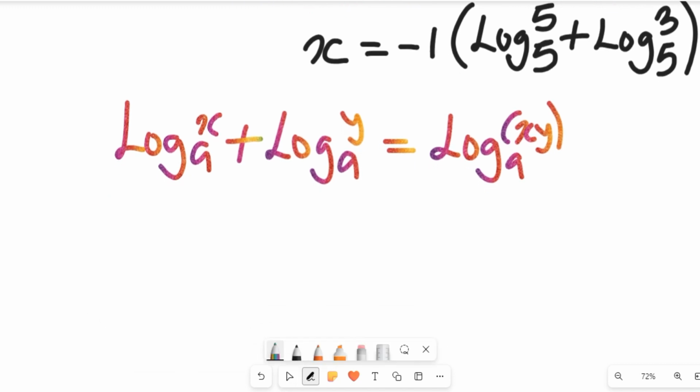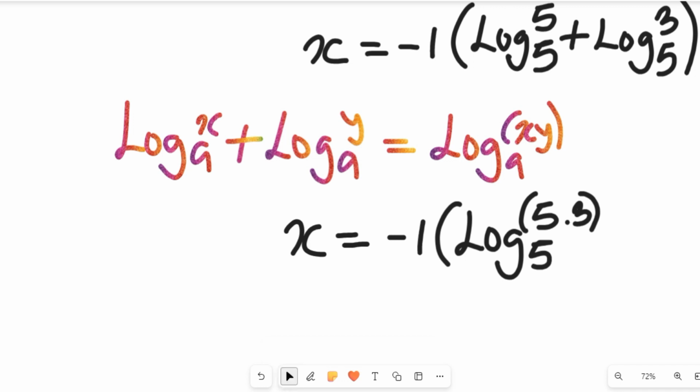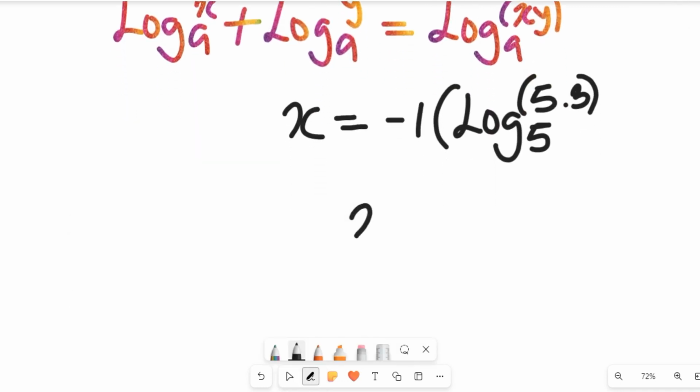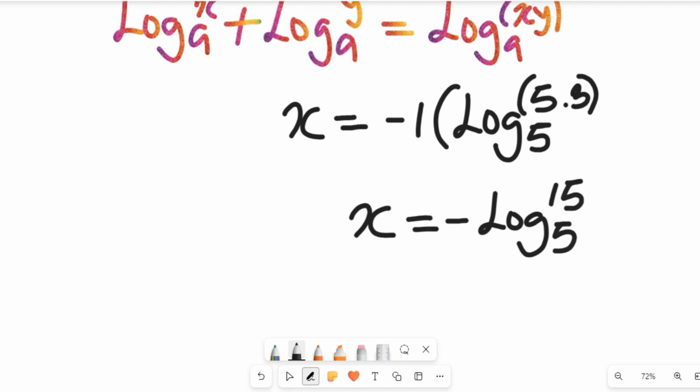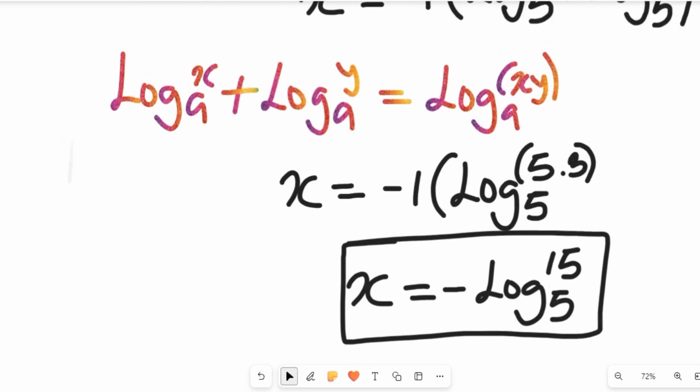Now, if we do that, you're going to find out that x will be equal to negative 1 multiplied by the log of 5 times 3 base 5. So what would that expression give us? That will now give us the value of x equal to negative log of 15 base 5. So this is another solution to the expression that is given to us.